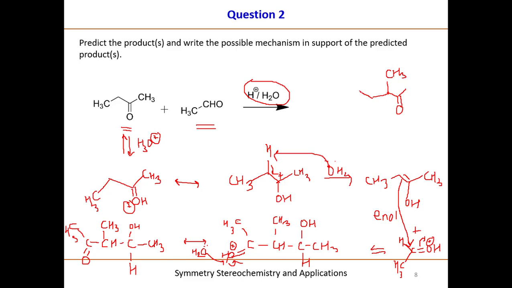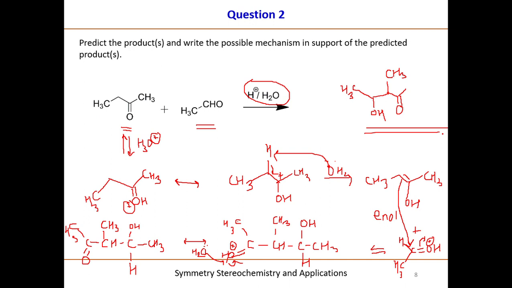Then this is the carbonyl carbon. Here we have OH, and this is CH3. Got it? So this is the one product formed by the aldol condensation reaction in acidic medium.